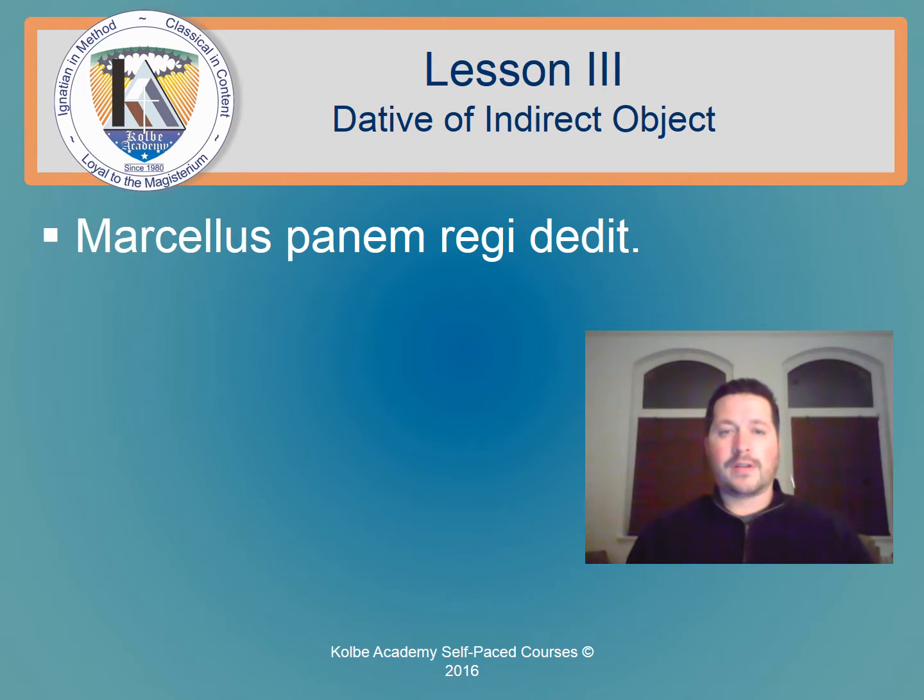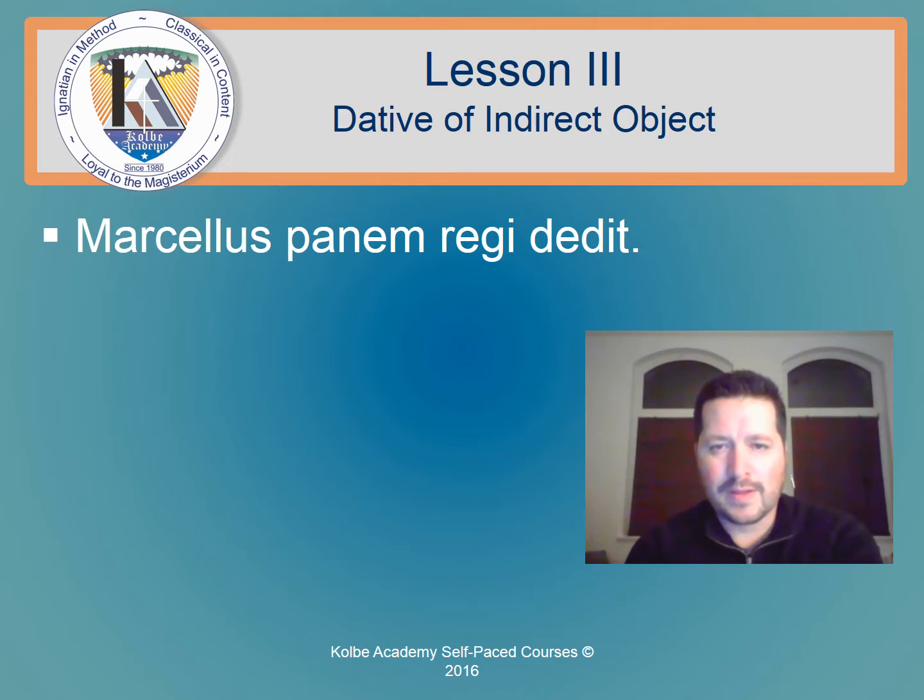We can do this first and then be sure to go and do those. At the moment, especially looking at the dative of indirect object, whatever workbook assignments pertain to that will be important. So Marcellus, a Latin name: Marcellus panem regi dedit.